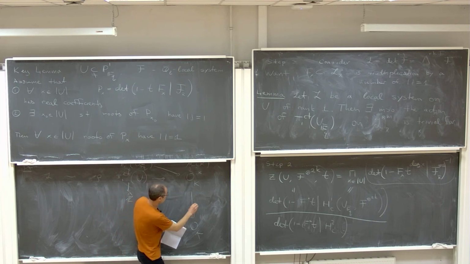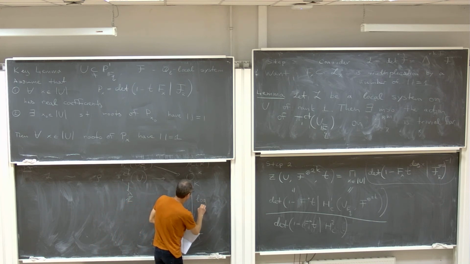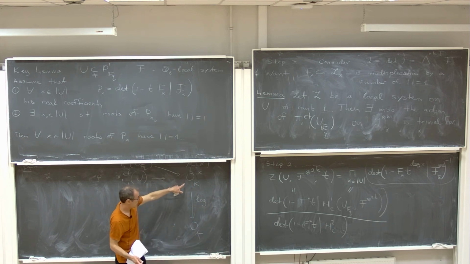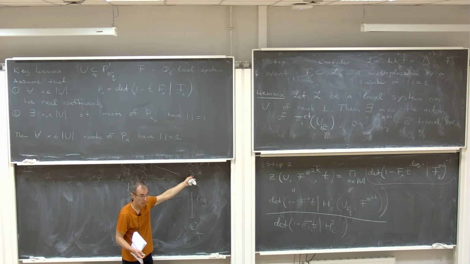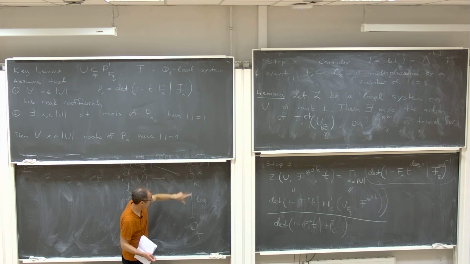So let's just take the logarithm. The logarithm is defined by a power series, right? And I know that it converges in some neighborhood of 1. So if my number is sufficiently close to 1, it converges.